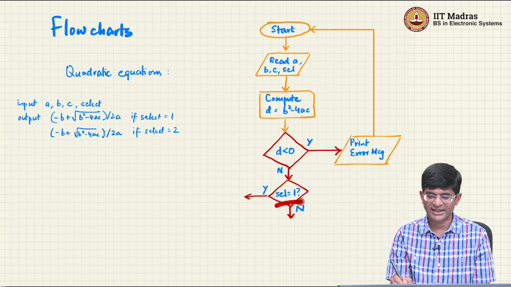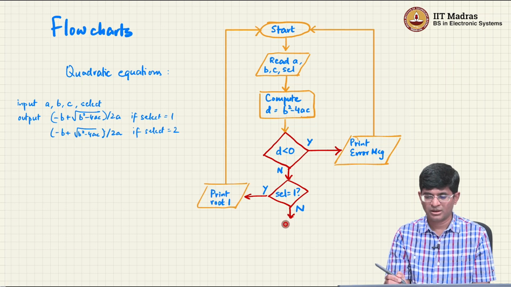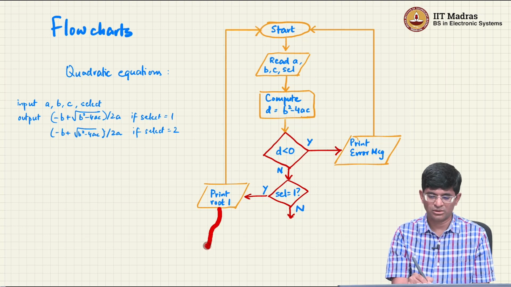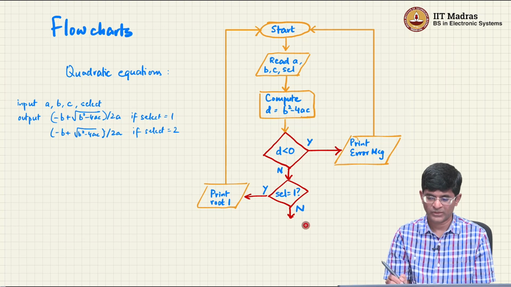If I find that select is equal to 1, I need to do something, and if select is not equal to 1, I need to do something else. So if select is equal to 1, I am going to print out the first root and once again in this case go back to start, or I should have gone to a stopping condition, either one of those is okay.